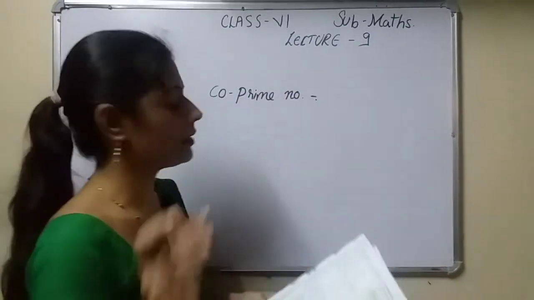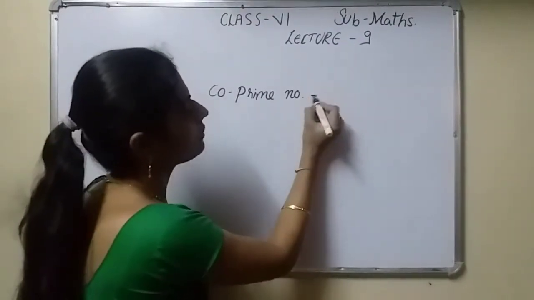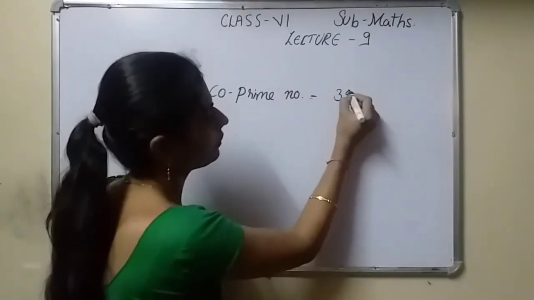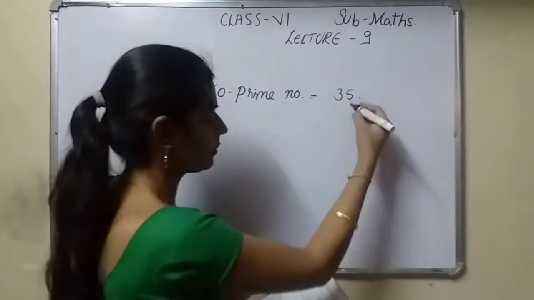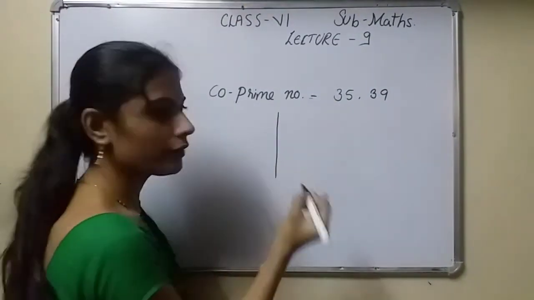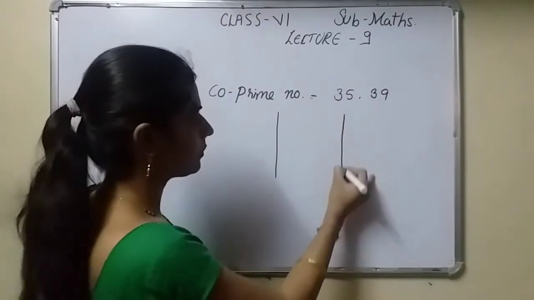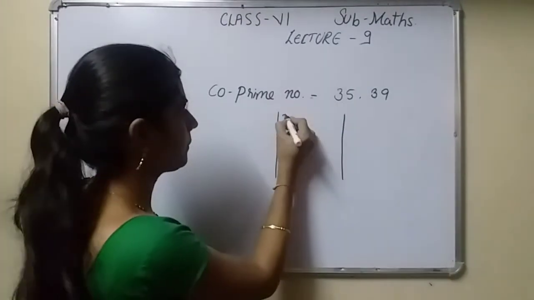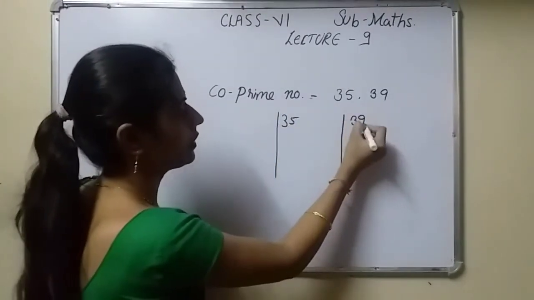See, one example is given to you, 35 and 39. First of all take out the HCF of 35 and 39.